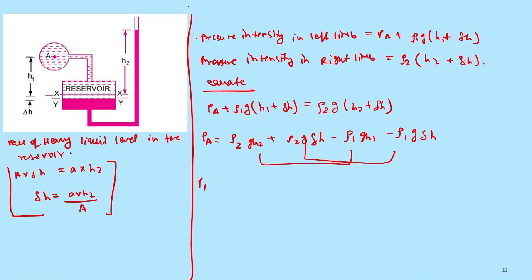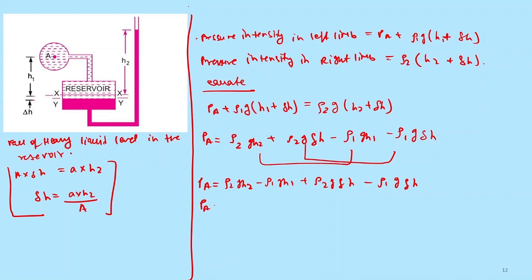We will get PA equal to rho 2 GH2 minus rho 1 GH1 plus rho 2 G del H minus rho 1 G del H. So what we will get?